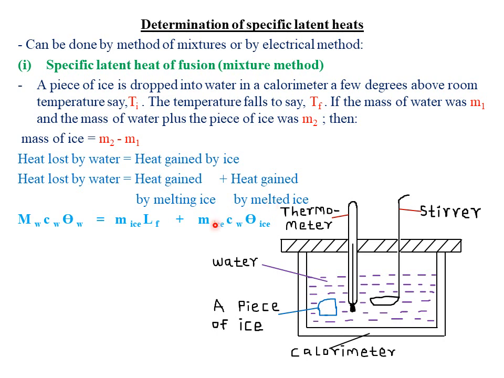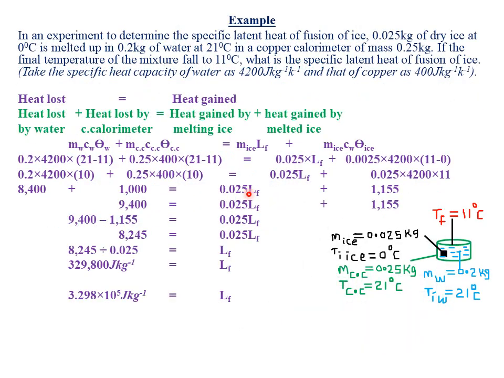So we'll talk of the mass of the ice, because when a substance melts, its mass does not change. Then multiplied by specific heat capacity for the water. Remember, ice is just water in solid form. Then multiplied by the change in temperature for the ice. So next, let's look at an example involving specific latent heat of fusion.